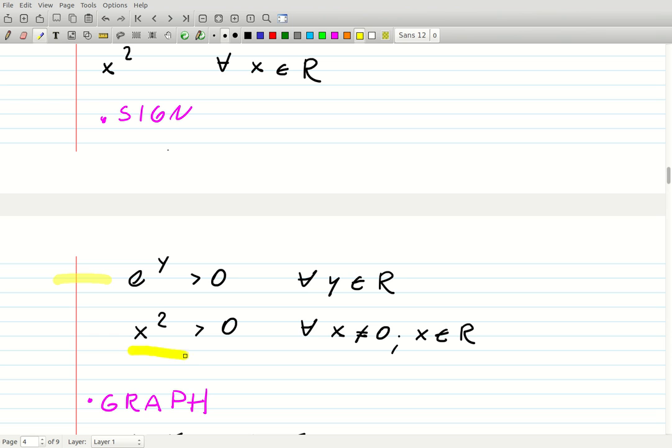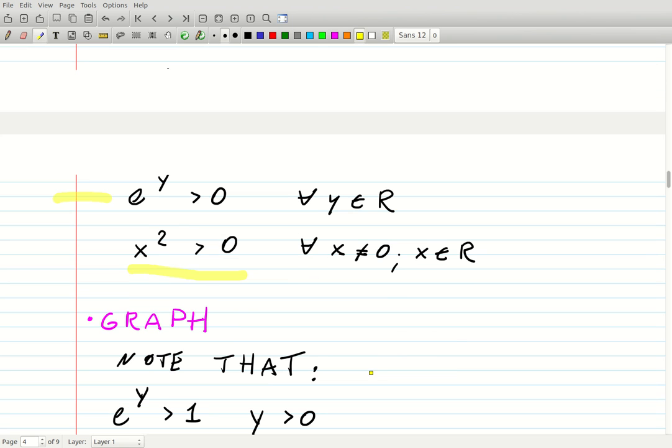Let's look at x squared. x squared is greater than 0 for every real number different from 0. If we put 0 inside x squared, we obtain 0, and 0 is not strictly greater than 0. So we know that x squared will be greater than 0 if and only if x is different from 0.